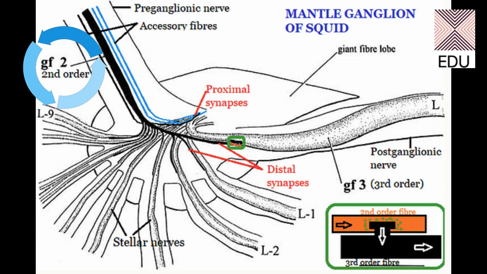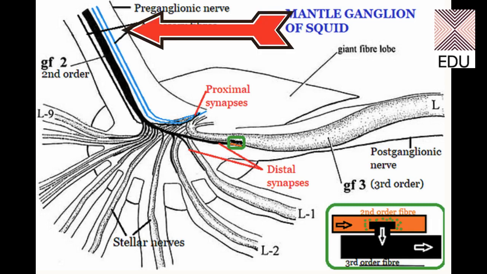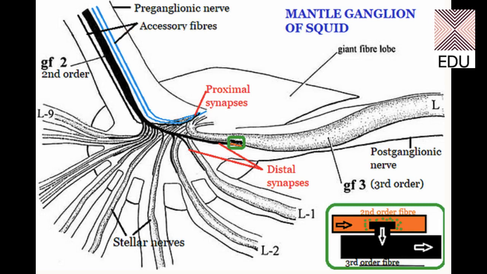Actually, these are the fibers which are present in the pre-ganglionic nerve. This is the nerve which is penetrating the mantle ganglion from the head side. It is coming from the head side, going into the mantle ganglion, and here it is labeled as the pre-ganglionic nerve on the top.